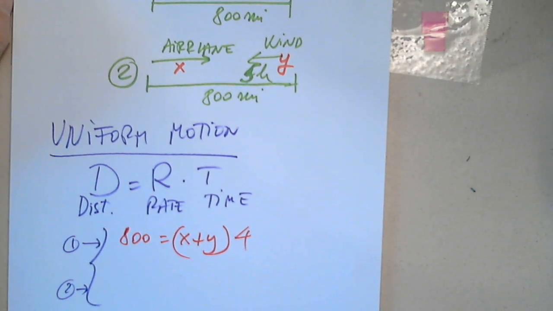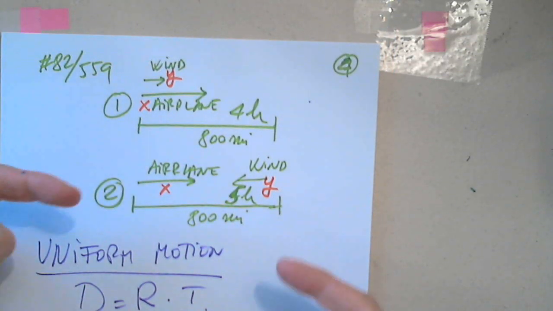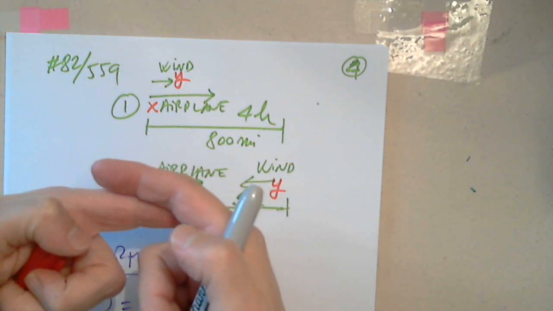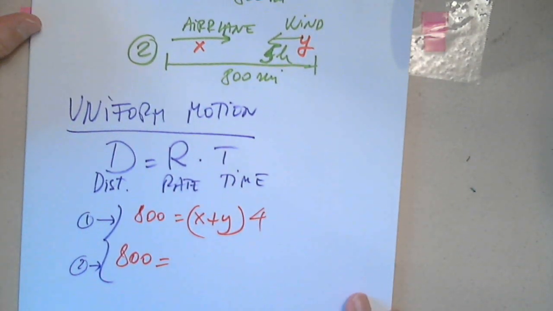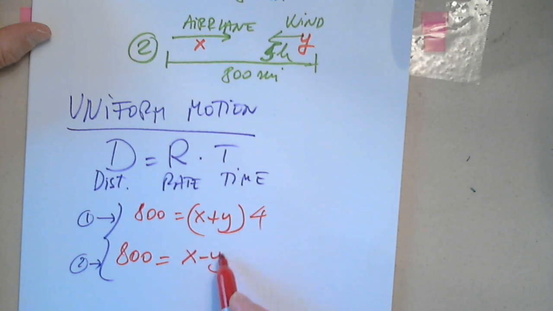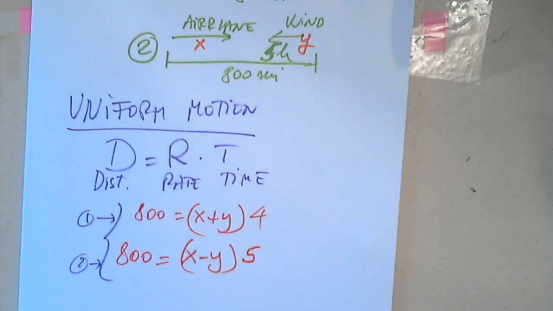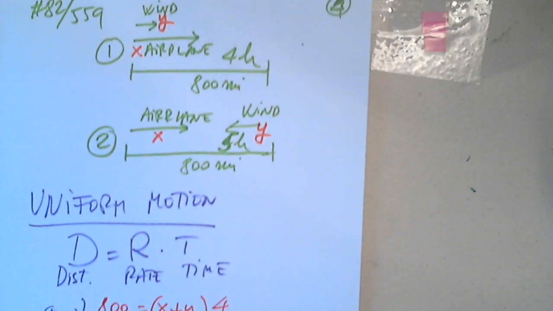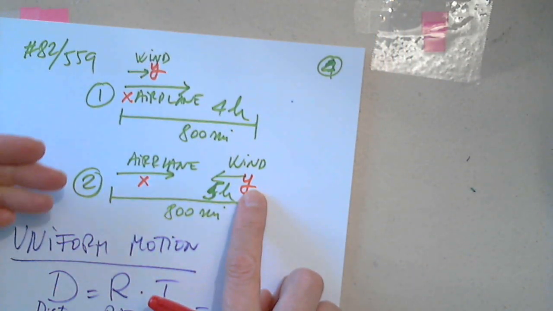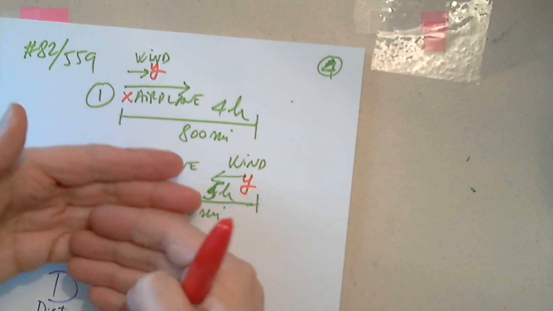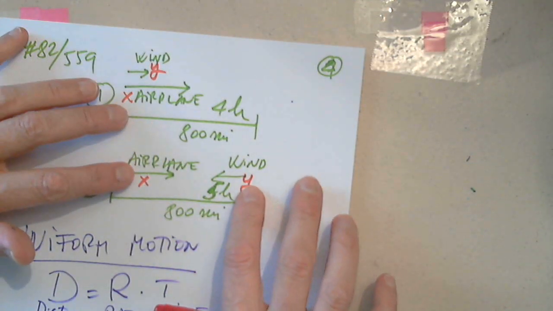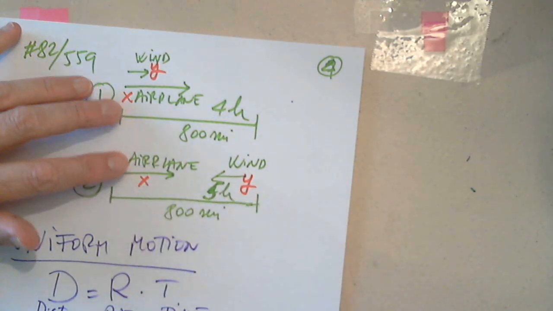Can anyone come up with a second equation? 800 equals X plus Y. Careful. Multiplied by 5. Careful. Oh, subtract. X minus Y multiplied by 5. Agreed? Yes. Because the speed will be reduced by this. Now we have, all of a sudden, a force against us, which means that this speed will reduce our speed by whatever that is.